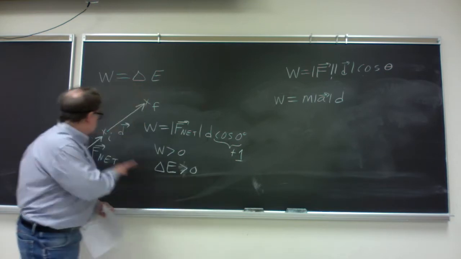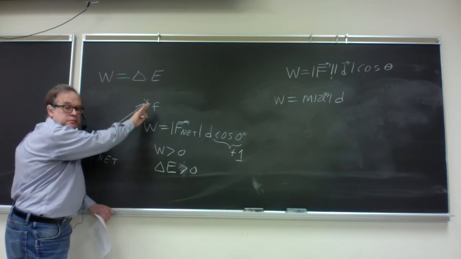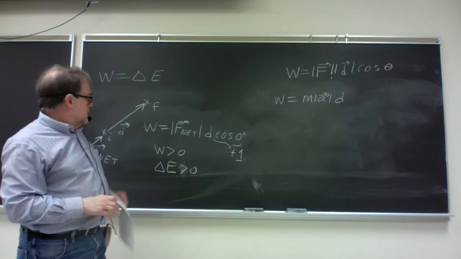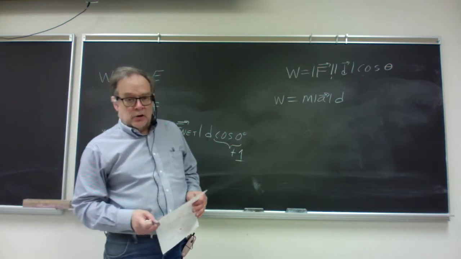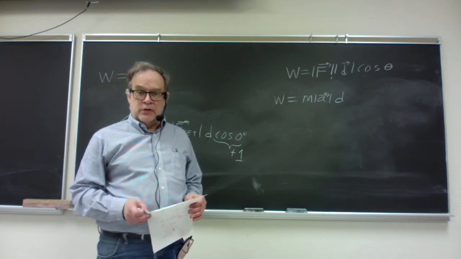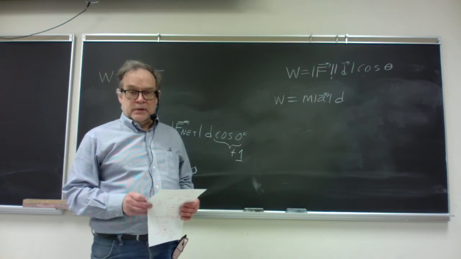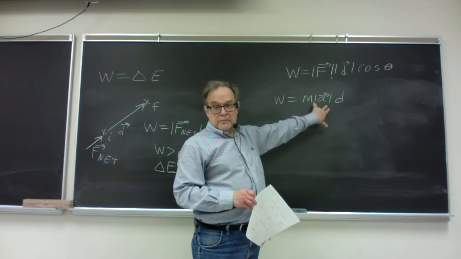Now, let's just define the direction of motion to be positive, as we almost always do, which means the net force was pointing in the positive direction, and Newton's second law tells us that the acceleration points in the same direction as the net force. So the acceleration points in the positive direction. So actually we can get rid of this absolute value sign.